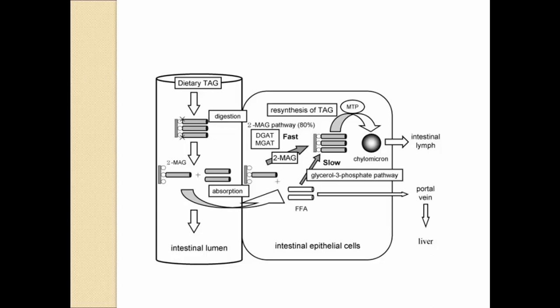This keeps the free fatty acid concentration low and allows more fatty acids to be absorbed into the enterocyte. Once triglyceride is synthesized, it is packed into the chylomicron and transported into the circulation and to the other tissues.